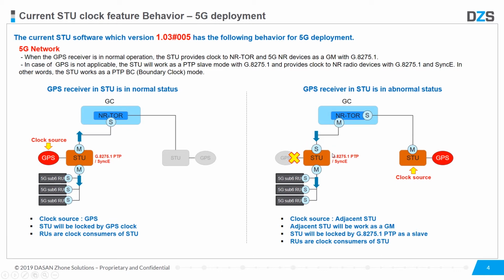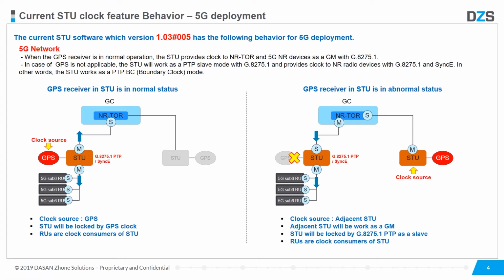The STU uses the clock received through the GPS connected to another STU connected to the NLTOR as a secondary clock instead of the GPS, which was the primary clock.